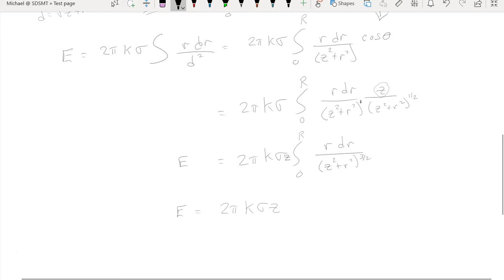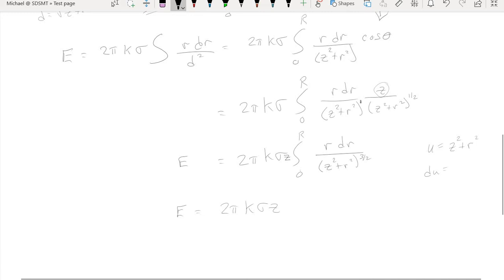The first thing that we're typically taught in calculus in terms of integration is a U substitution. And so we could try that. We could go through the different terms that we have in our integral there and try some kind of U substitution. And it looks like the best choice for U would be the term that we have in the denominator, which is z squared plus r squared.